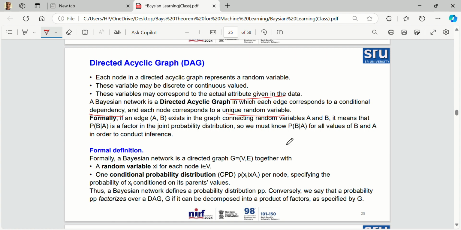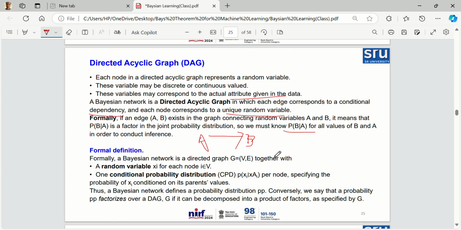So we must write the probability of B given A for all values of B and A in order to conduct inference. Already you know this is A and this is B, so B depends on A, and we write the probability of B given A.